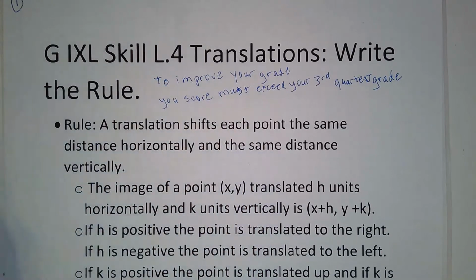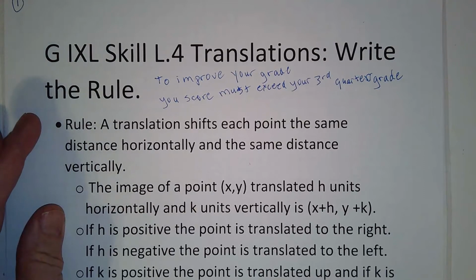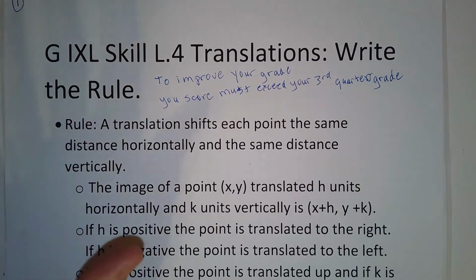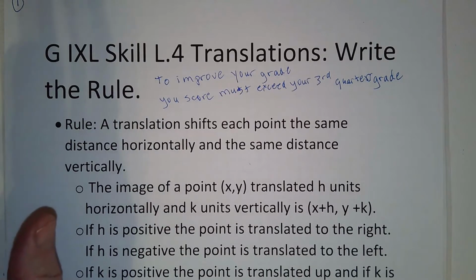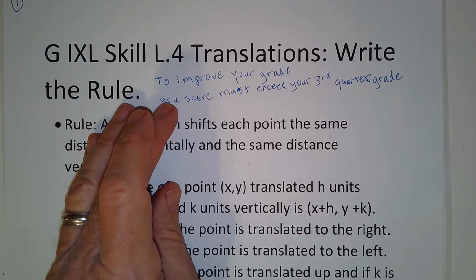So if you had, let's say, 72%, which is a C minus for your third quarter grade, then you must exceed it, at least on average across the total number of skills that we have for any particular grading section, which we call a test. That has to be an average that exceeds this third quarter grade score of yours.